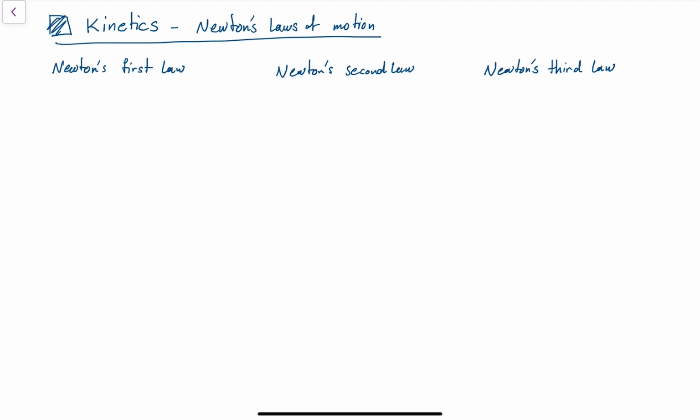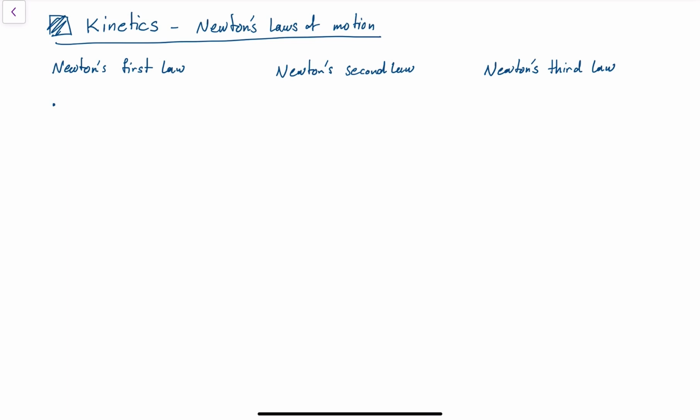Newton's laws are related to the motion of a particle, and there are three laws in Newton's words. The first one is the simple one.